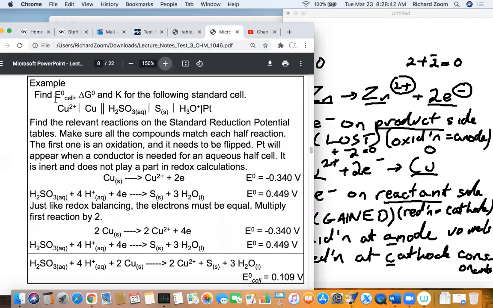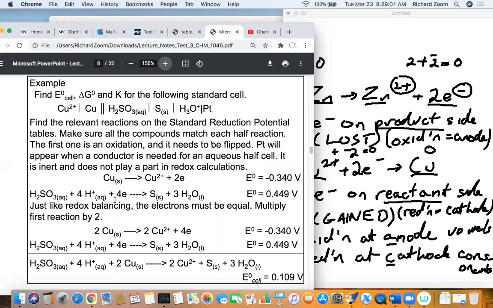So as I had talked about earlier, we have our cell diagram here, and you'll notice that we have copper 2 plus and copper here. So that is going to be the anode. That must mean that oxidation is going to be occurring on this side.